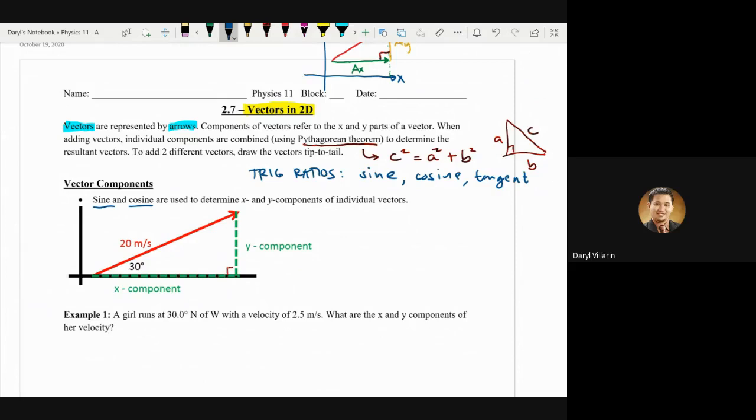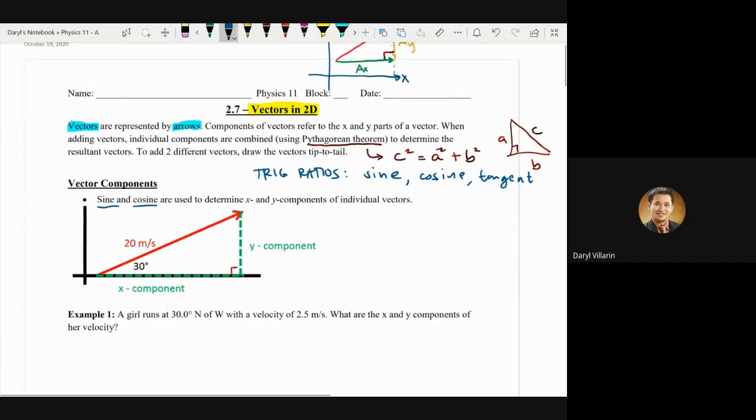By definition, sine of a particular angle is just the opposite over the hypotenuse. Cosine of a particular angle is the ratio of the adjacent side over the hypotenuse.